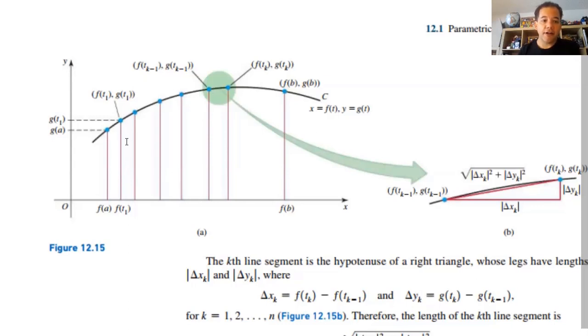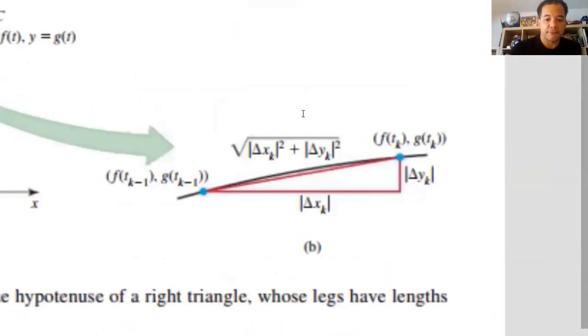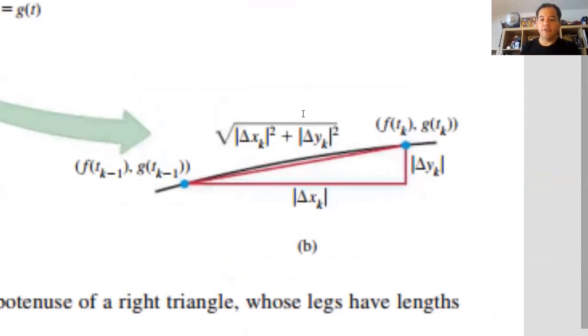Then instead of looking at the curve, we're going to imagine that we have a straight line segment in between two consecutive points. That's the picture you see right here on the right. Instead of the curve, we're going to use this red segment as an approximation, and we want to know how long it is.